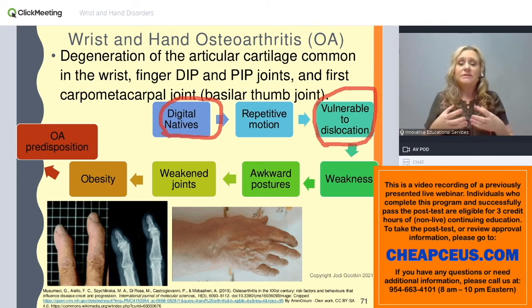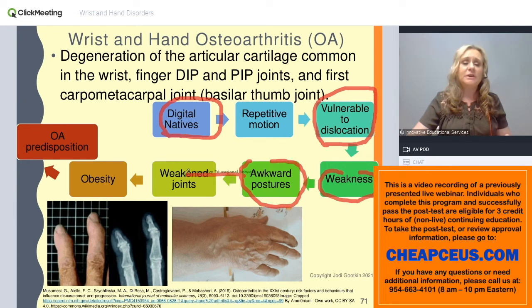Their joints are not strong yet. Their ligamentous structure is not strong yet, so they're more vulnerable to dislocation and subluxation with excessive forces that are abnormal and continuous placed upon them, which may lead to different weakness and awkward postures. And ultimately, this can lead to the development of osteoarthritis and predispose them earlier to its development.